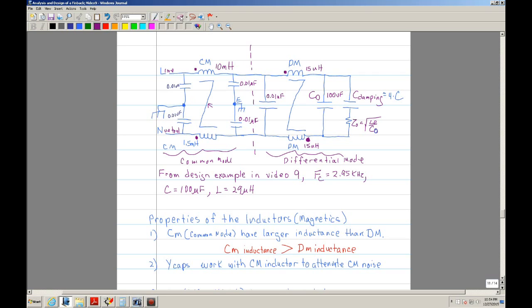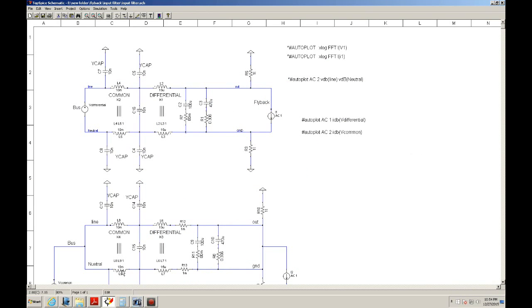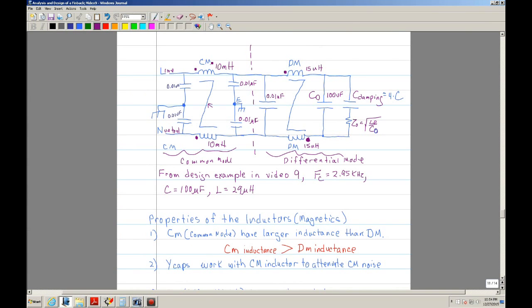Let me make sure that it matches my SPICE, 10 and 10. Yes, so it matches. So typically this will be greater than this inductance.